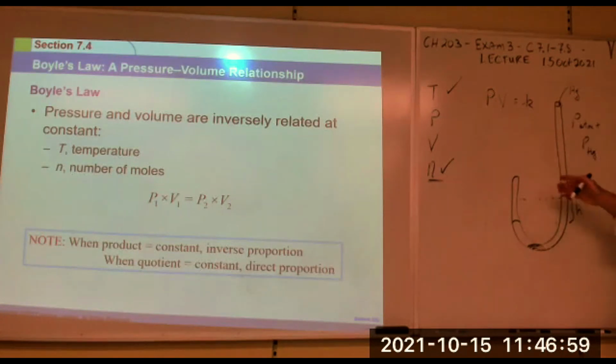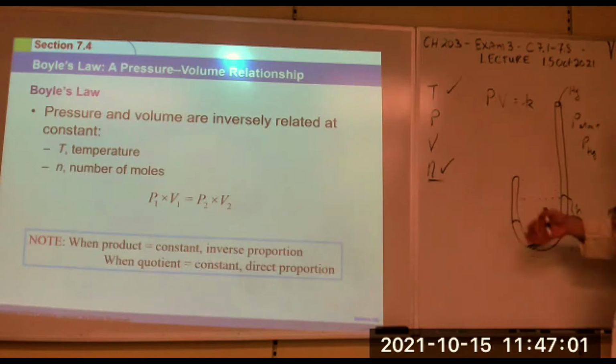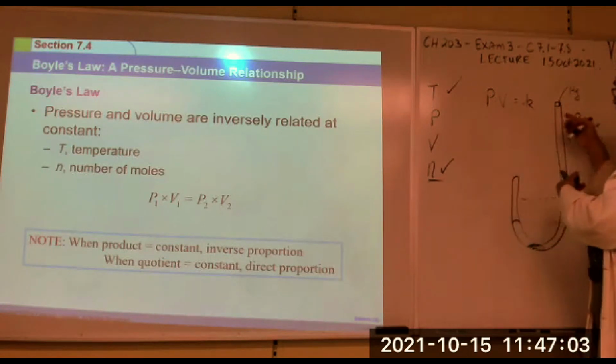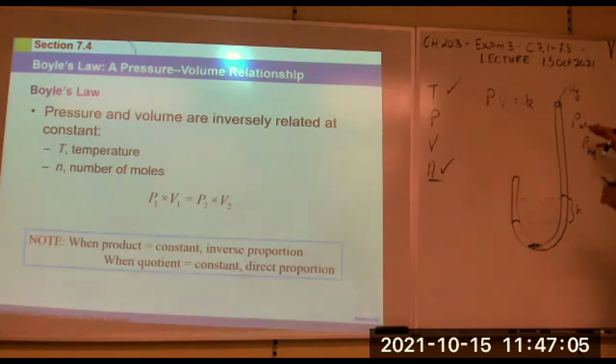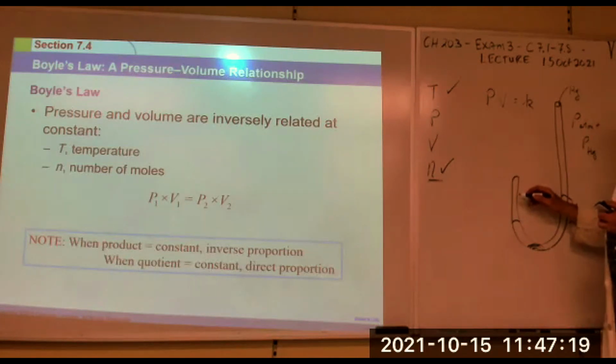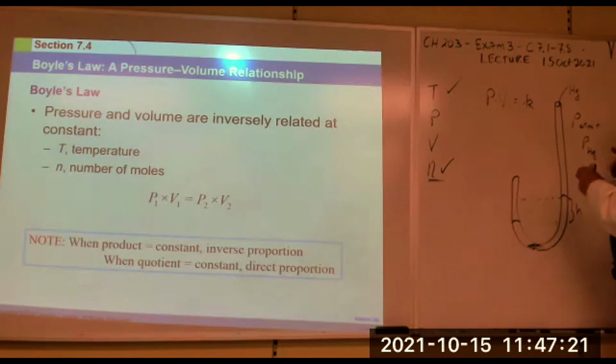Then that's the total pressure in the gas. Okay. And he had a separate barometer over here to measure this one. So he could add them together. He noticed then that as he increased the pressure, kept adding mercury here, then the volume of the gas decreased. But if you multiplied the pressure here times the volume there, you always got a constant value.